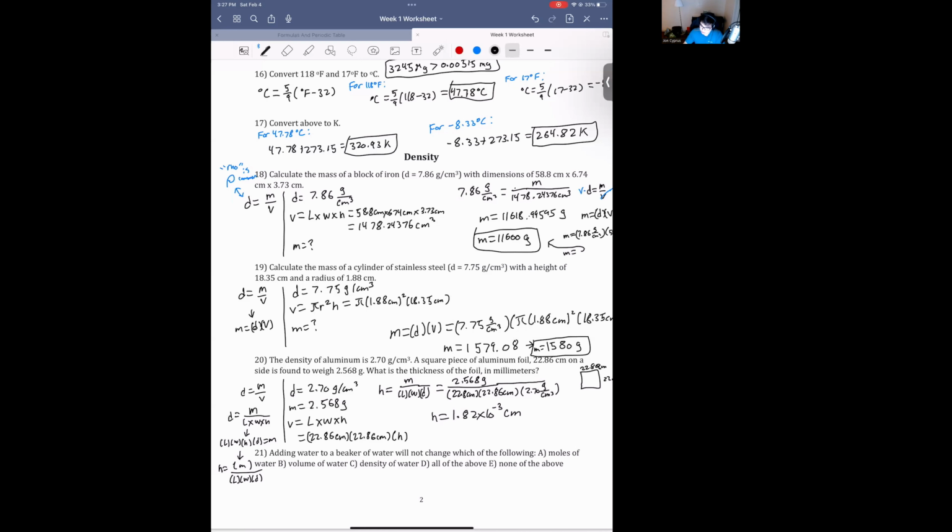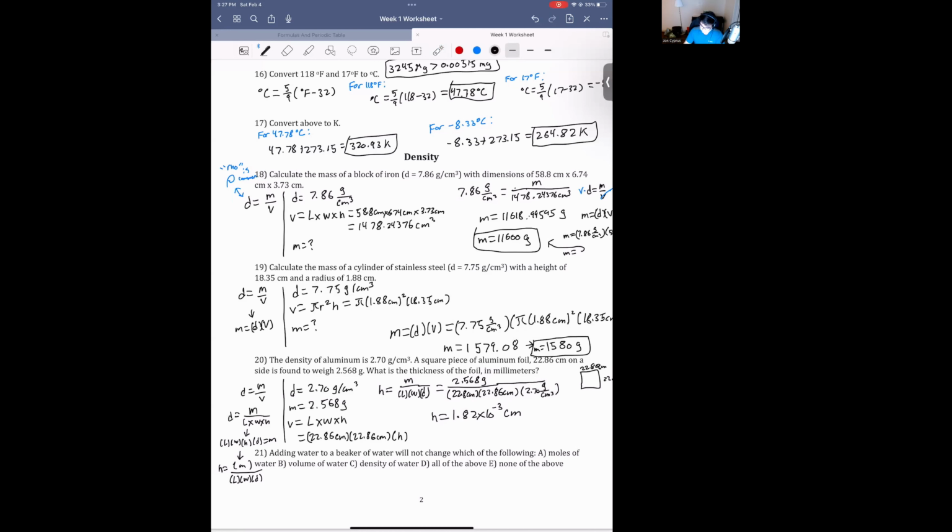If you're looking at your units here, the centimeters cancel out except for one unit of it. So these two go away, then this becomes centimeters to the first power. The grams cancel out. Your unit is 1 divided by 1 over centimeters, the complex fraction. You can rewrite it, and you get centimeters in the end.